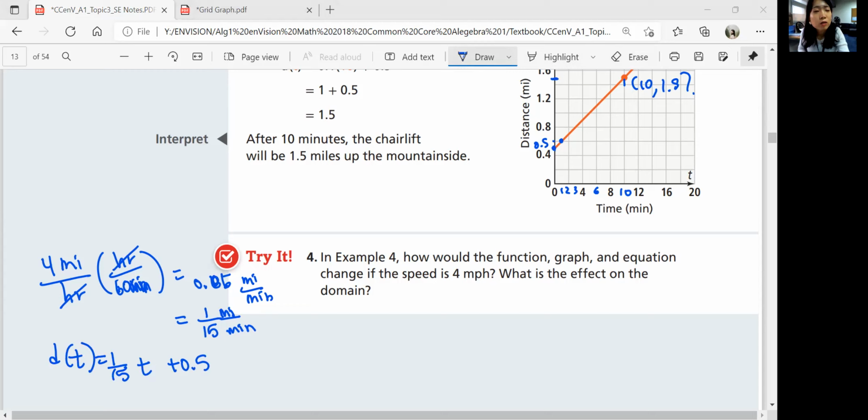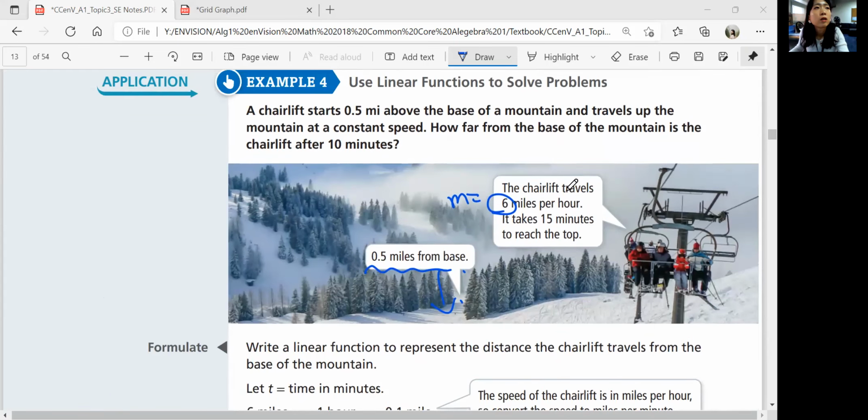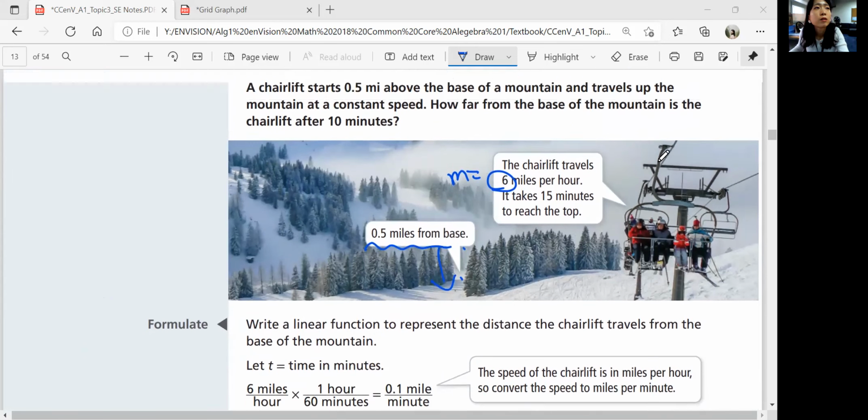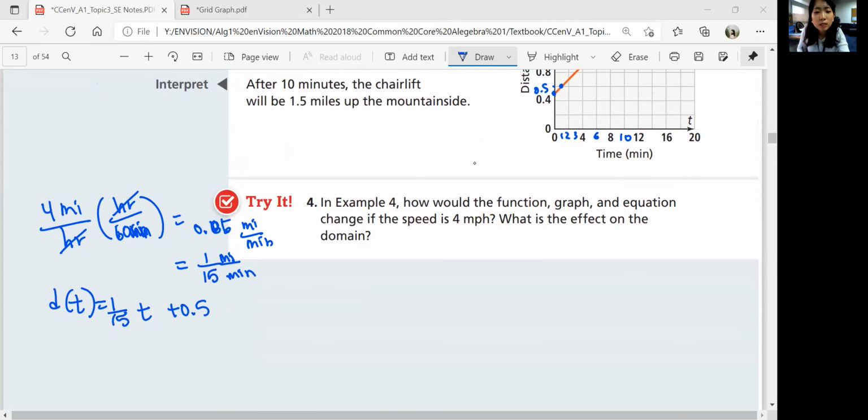And then you're going to figure out how many minutes it would take to get up the mountain. So let's explain that.